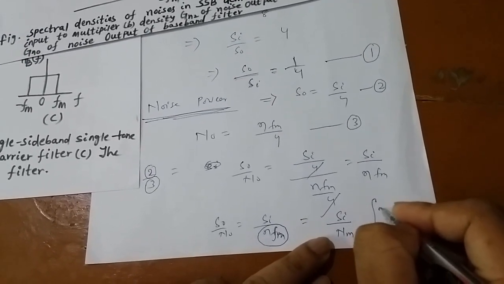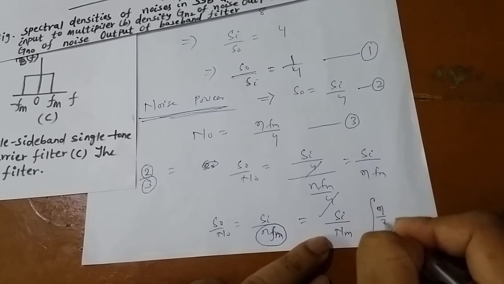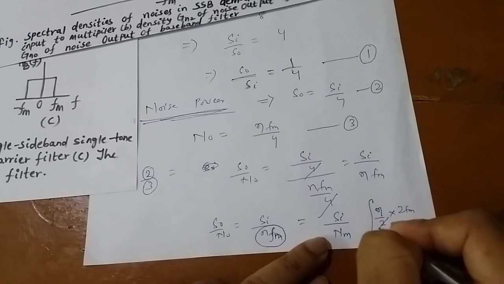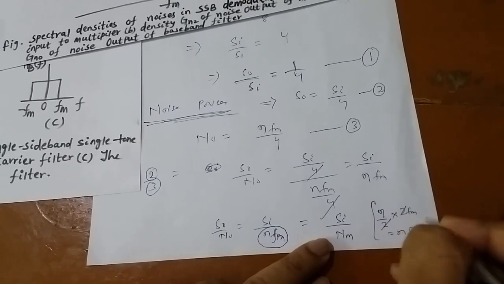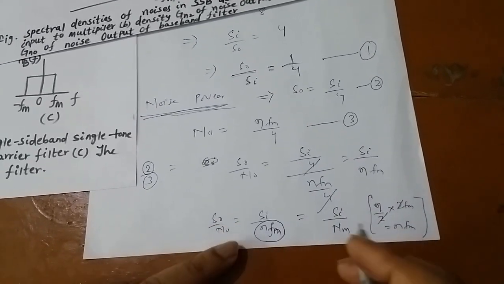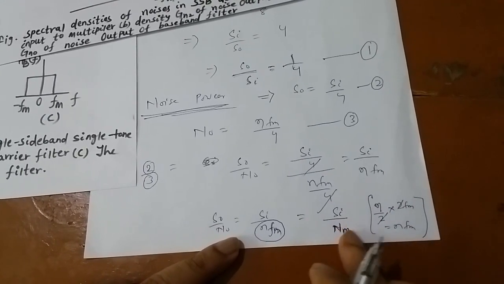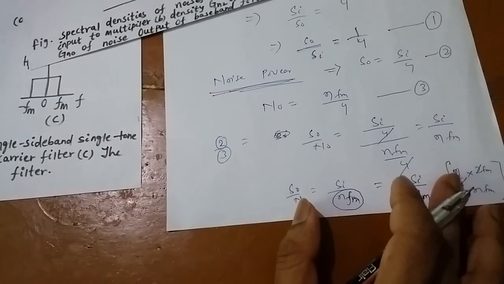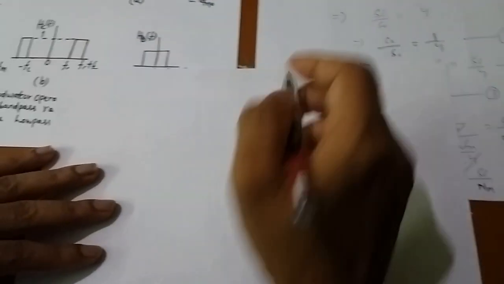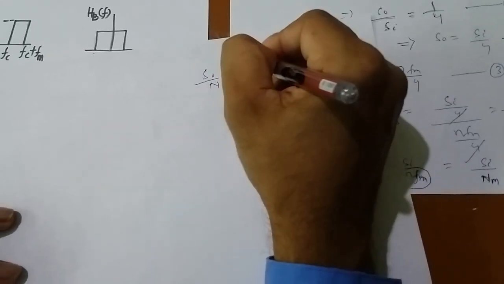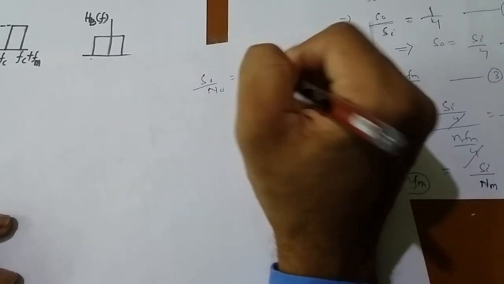That means at the input the power spectral density is eta by 2 and the area is twice fm. So if you cancel these two, it is eta fm. So we denote Nm as the noise power at the input. So S0 by N0 equals Si by Nm.